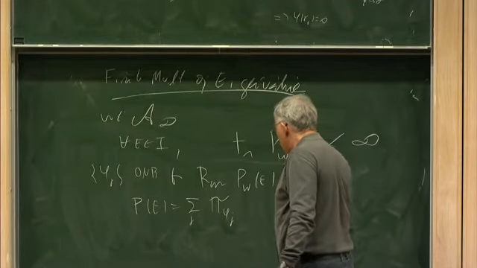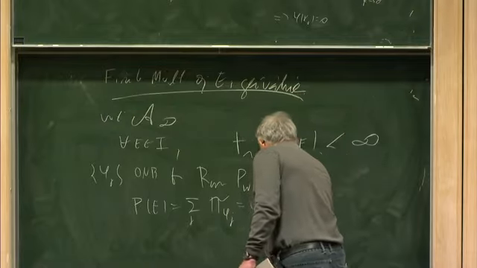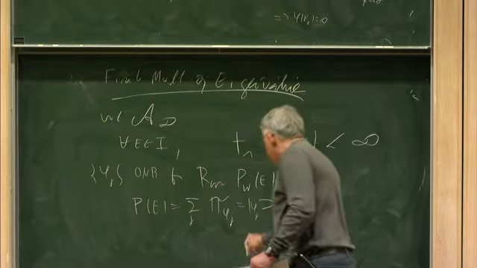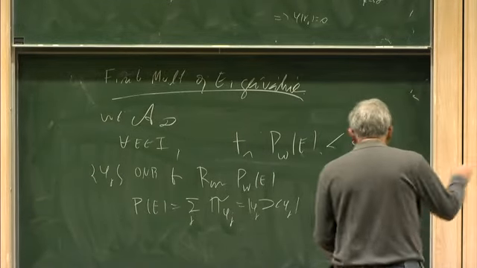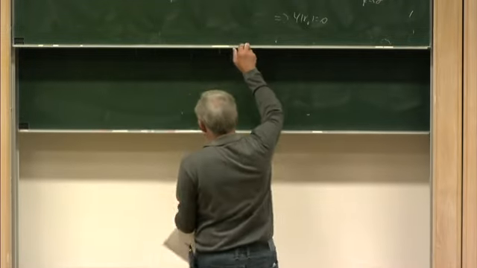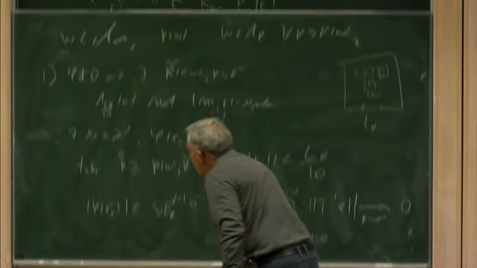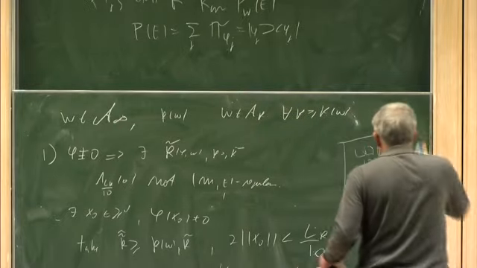So these are one-dimensional projections. If you prefer, this is in the standard notation, I think, right? And then it's just an easy calculation to obtain the finite multiplicity of eigenvalues.